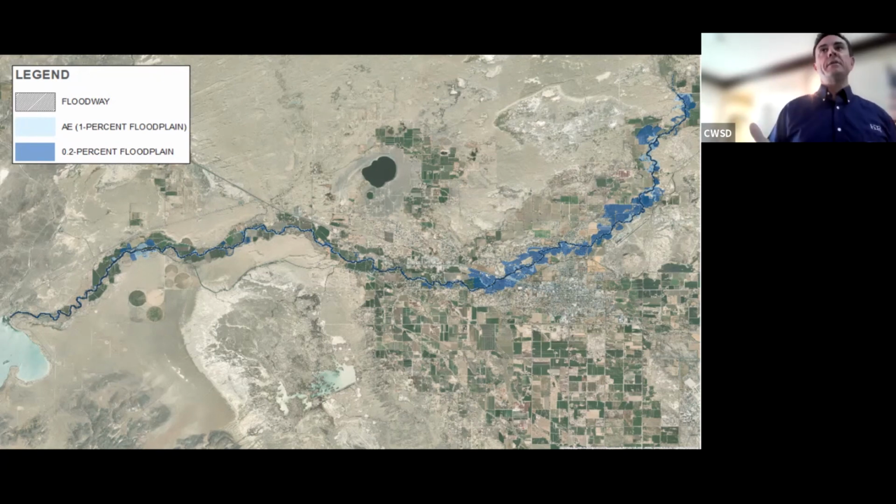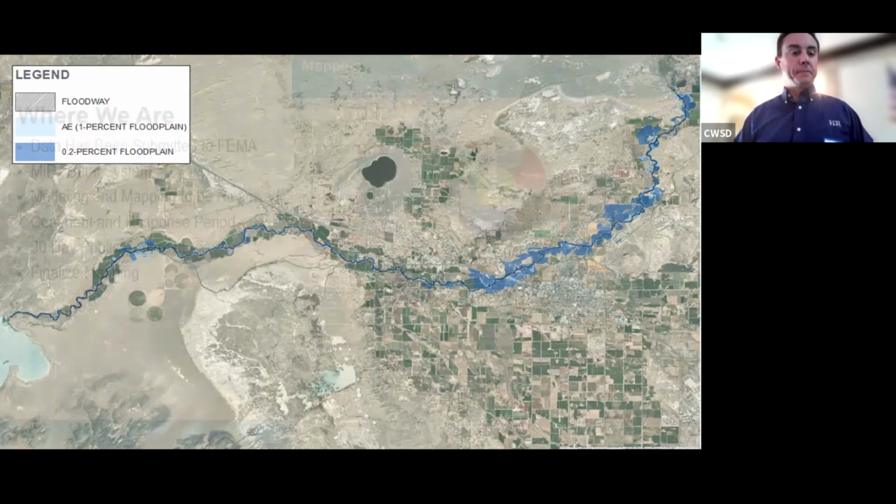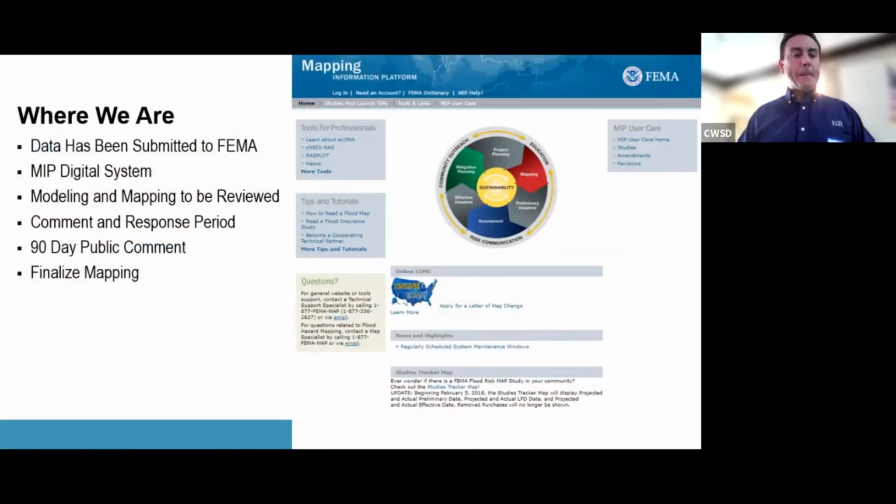That goes into the record of the mapping, because if they don't perform that diversion, it completely negates the mapping downstream of that diversion. So we've gotten TCID to commit to that kind of flood management approach with that diversion. That's the only way we can map it like this. So where are we now?